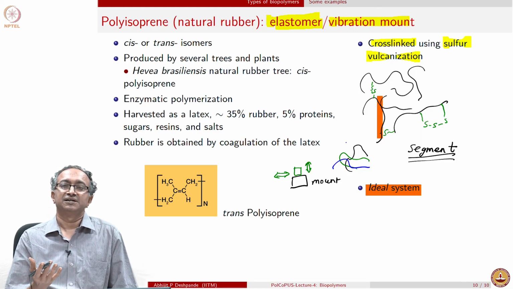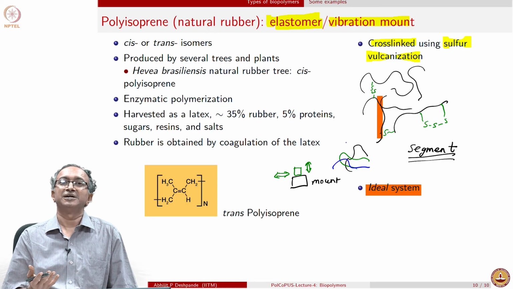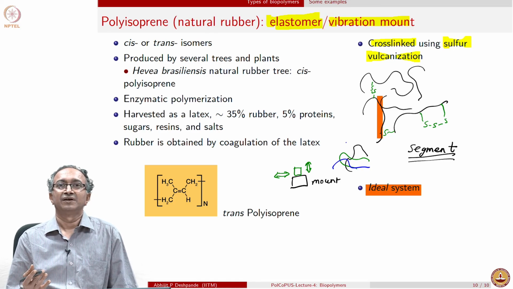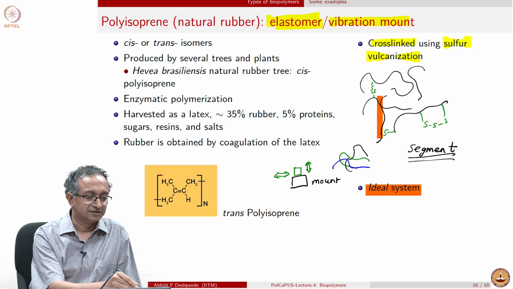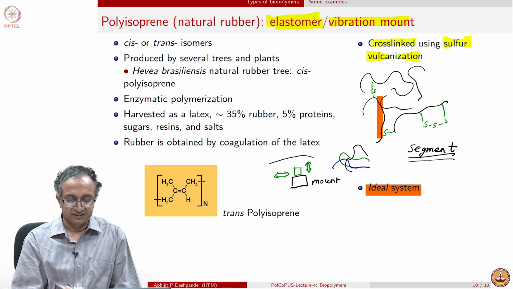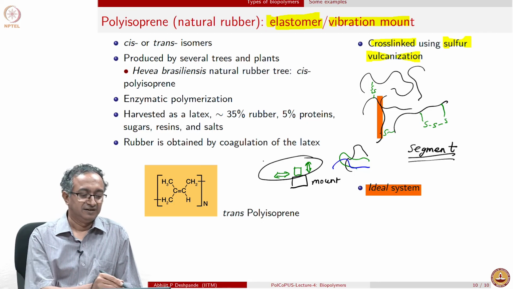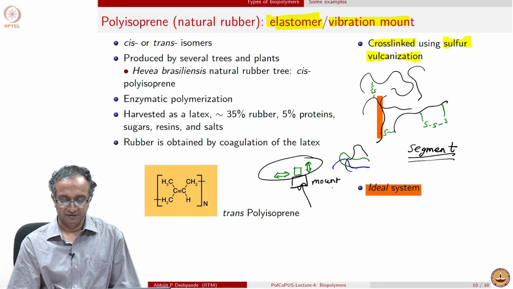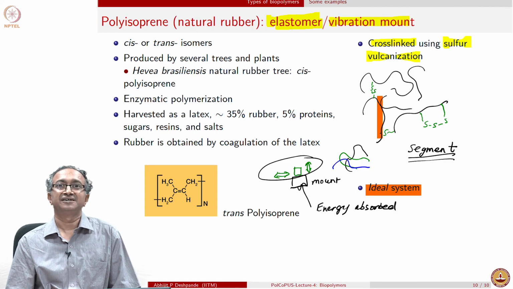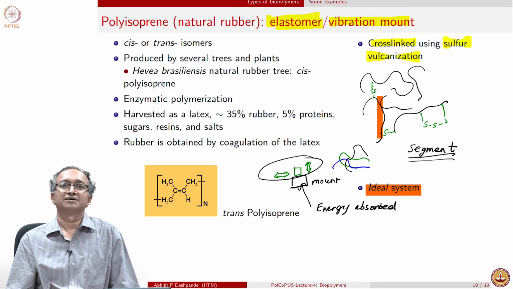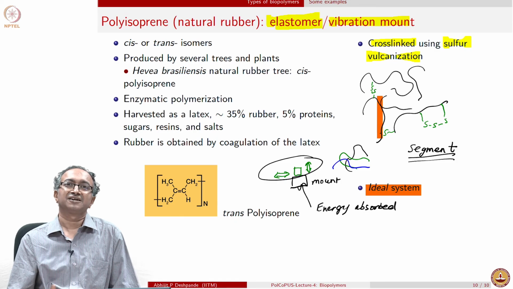In this process, it absorbs the mechanical energy and dissipates it in the form of heat. So, whatever is the energy being transmitted by this vibrating part, it is absorbed in this vibration mount. In all of this explanation I did not really use how the rubber macromolecules are interacting with each other.